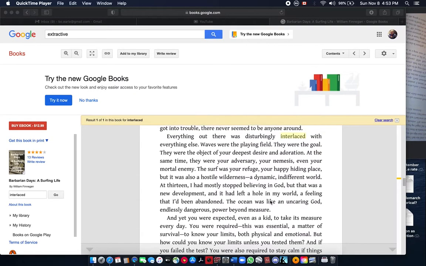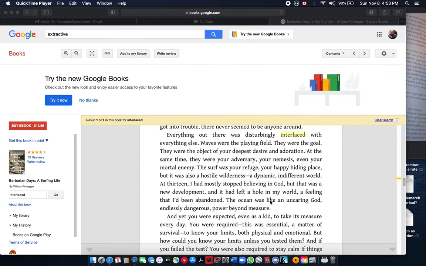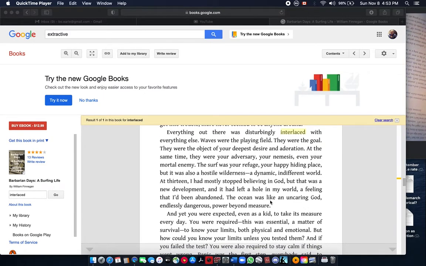So listen to this passage from the first chapter, talking about surfing. "Everything out there was disturbingly interlaced with everything else." Just that idea of interconnection. As opposed to reducing everything to an objective measure, he's talking about a disturbing experience of the interrelationship of everything.